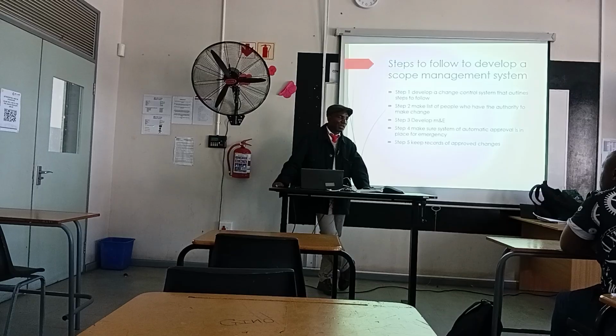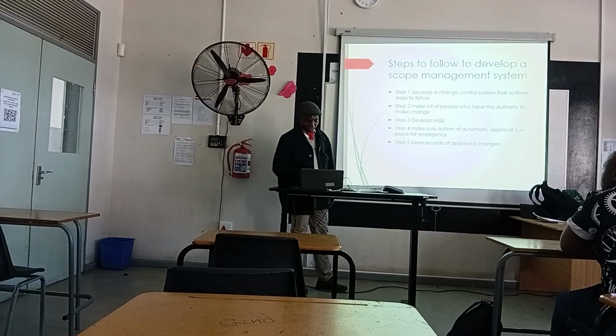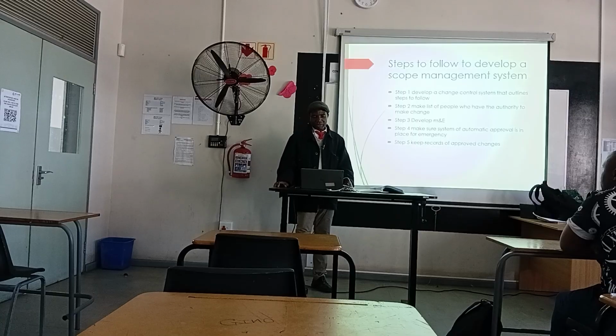So there must be a record. You need to document all the approved changes for audit purposes or for evaluation purposes. Does it make sense to you? Right, so this is the end of topic 2.